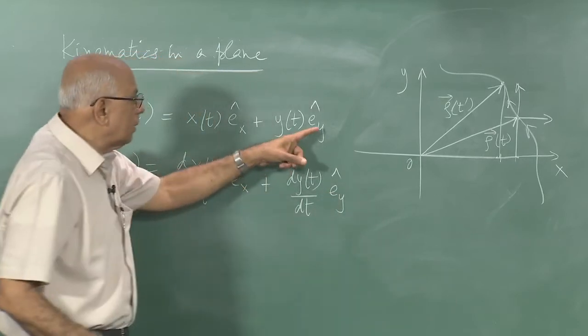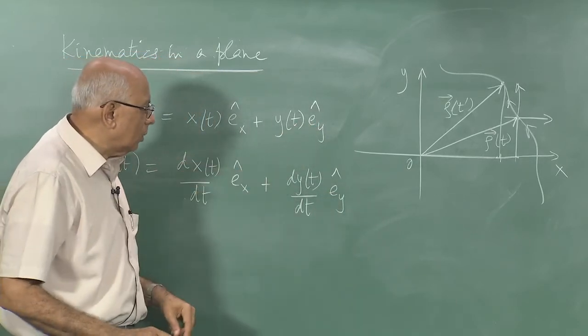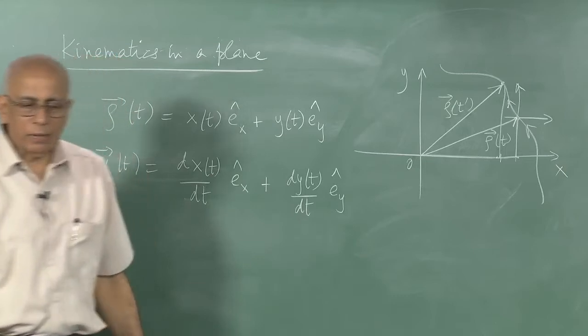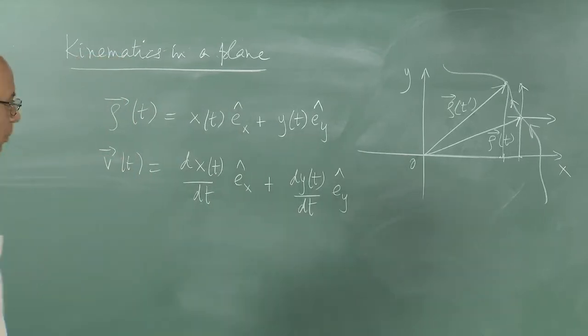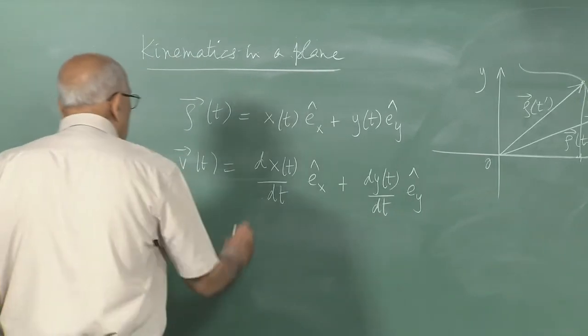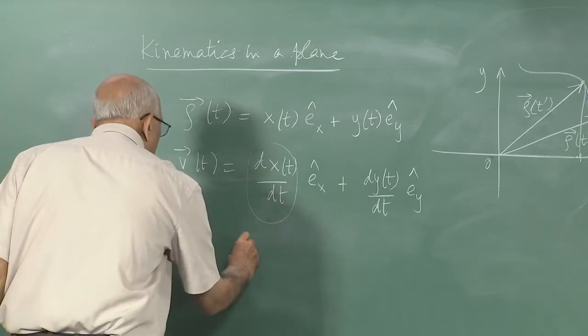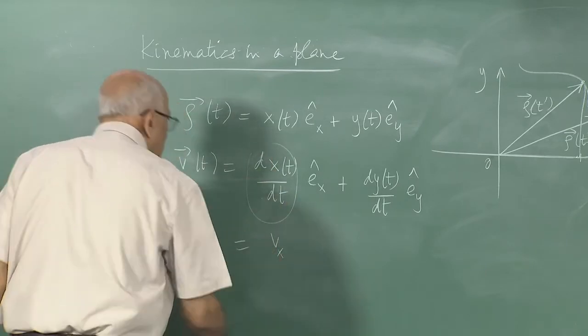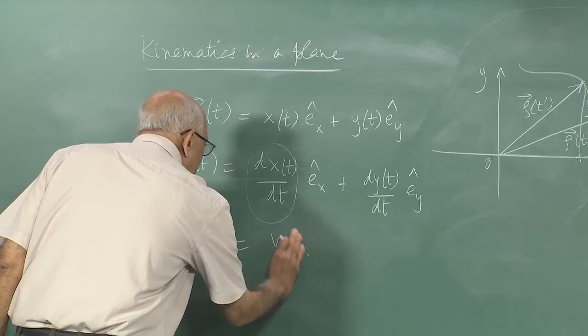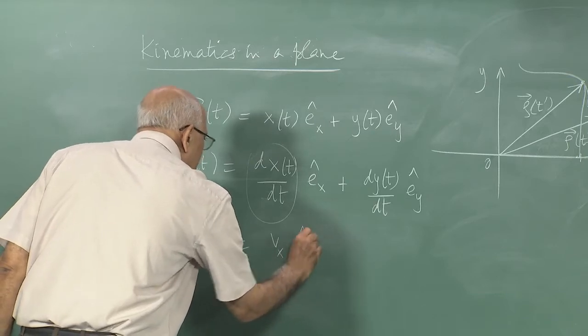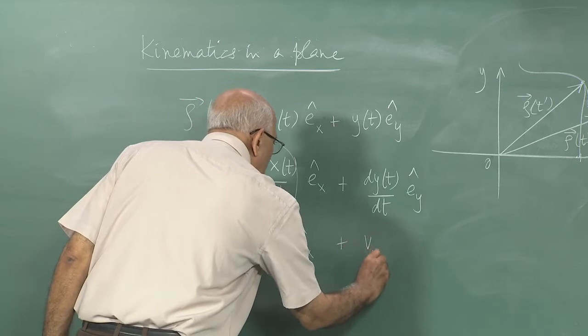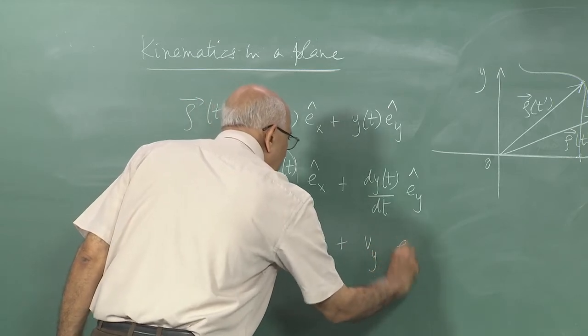Once again the derivative of Ey with respect to t is 0, so you only have the derivative of y of t with respect to time. And of course this quantity is precisely what you call the x component of the velocity times Ex plus the y component of the velocity times Ey.